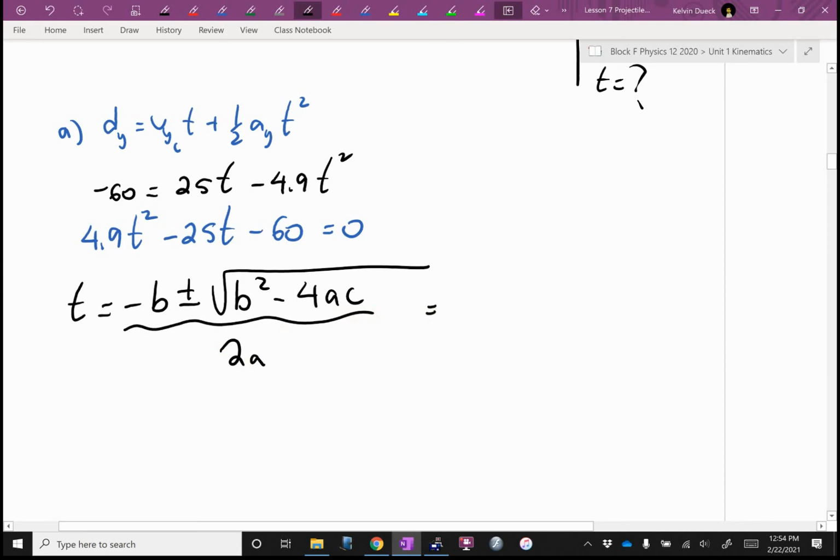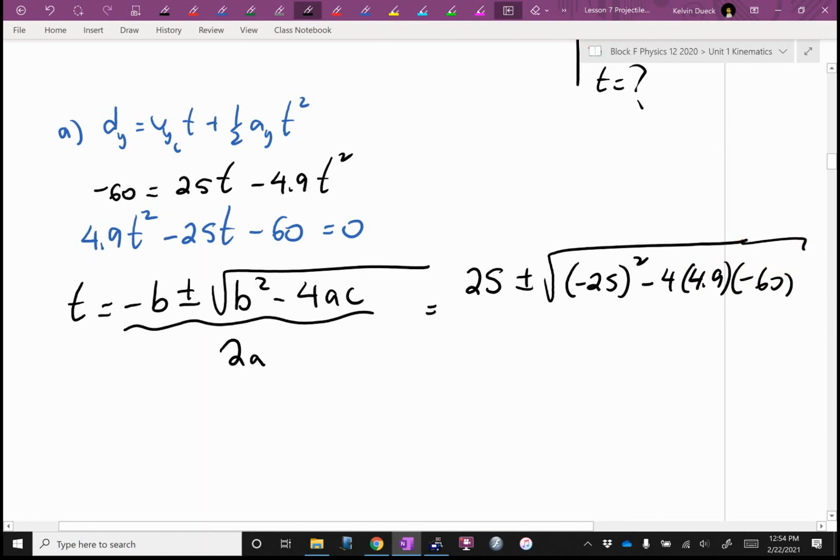It's going to be positive 25 plus or minus the square root of negative 25, that's gravity, squared minus 4 times 4.9 times negative 60, all over, AJ, I'm going to go 2a in my head and get the 9.8 again on the bottom. I can multiply anything by 2 in my head, pretty much. I'm going to try doing this in one step.